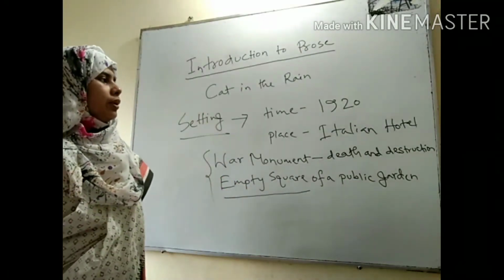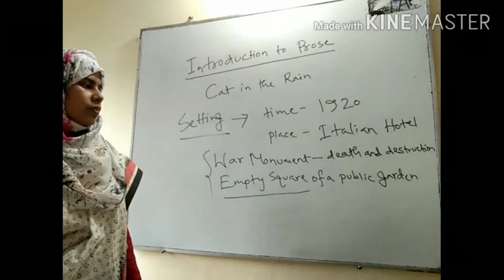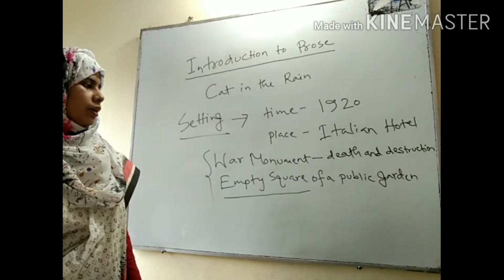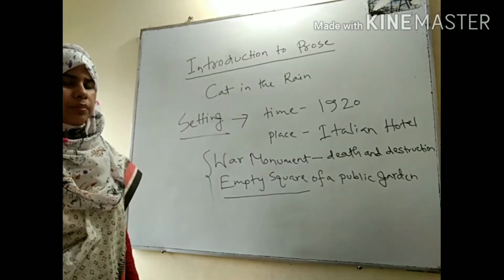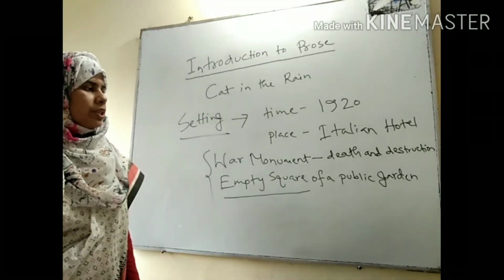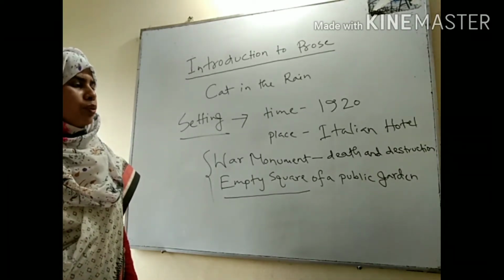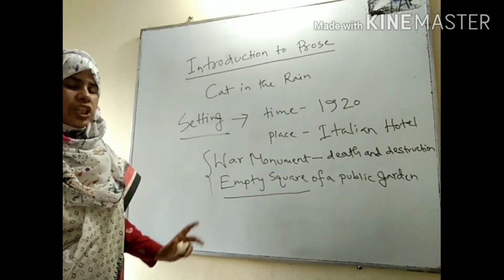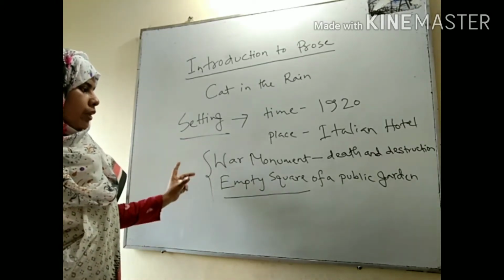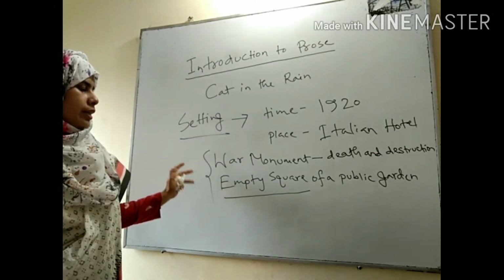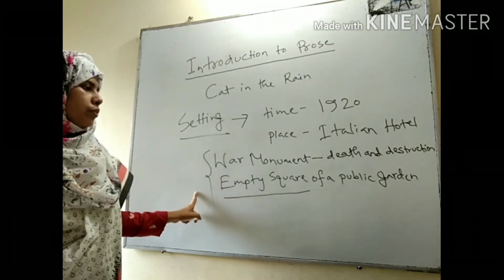The American couple are also lonely here, and especially the American wife suffers from isolation because her husband doesn't give her any time, and they have no meaningful relationship between each other. So the sad atmosphere is presented by Ernest Hemingway at the very opening paragraph of the story.